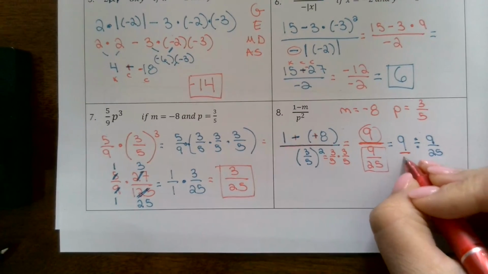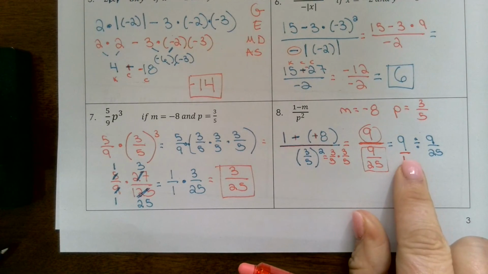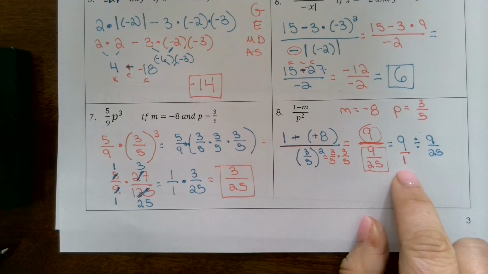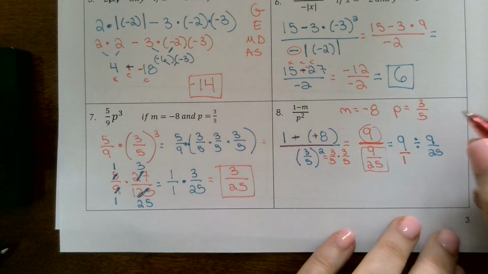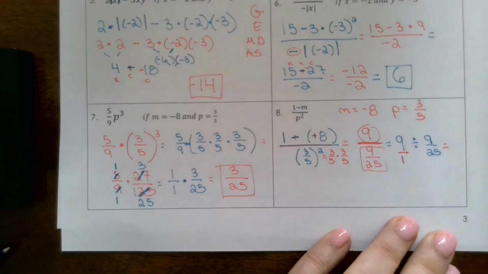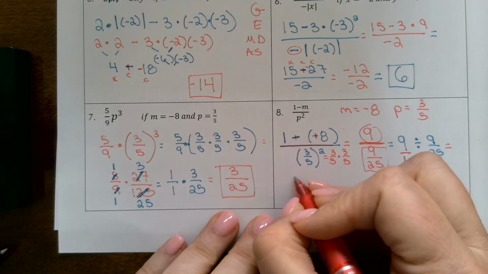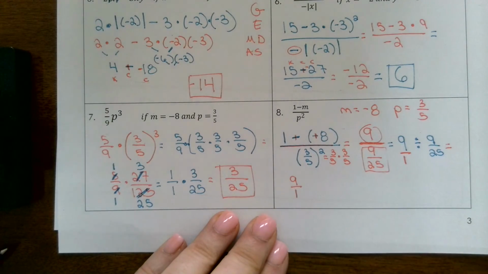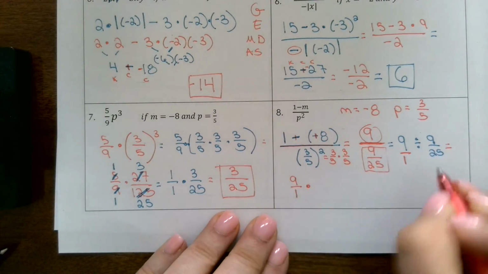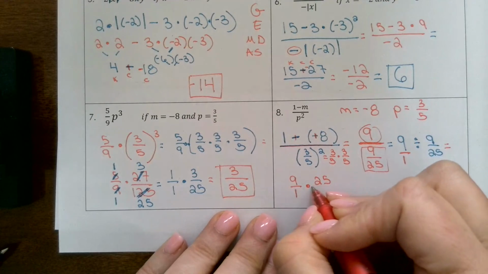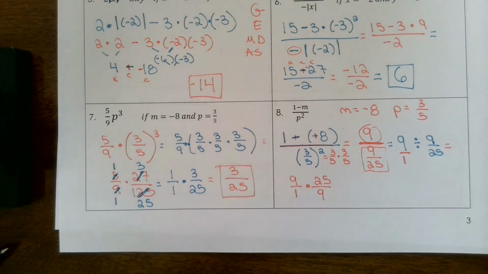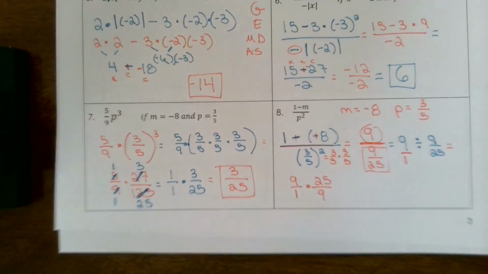So I'm going to put a 1 under my whole number. What's 9 divided by 1? It's 9. I have not changed the value. And then when I want to divide fractions, I take the first fraction, it stays the same, and I multiply by the reciprocal. You may have heard this called keep, flip, change.